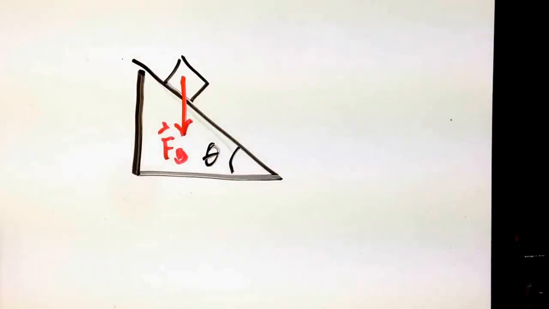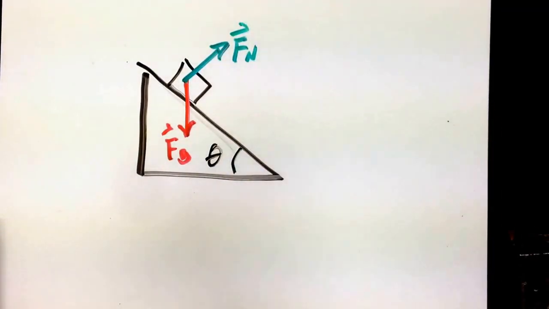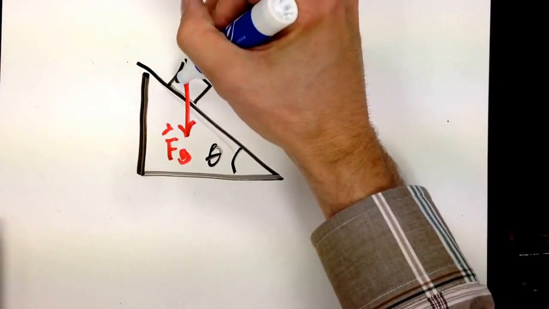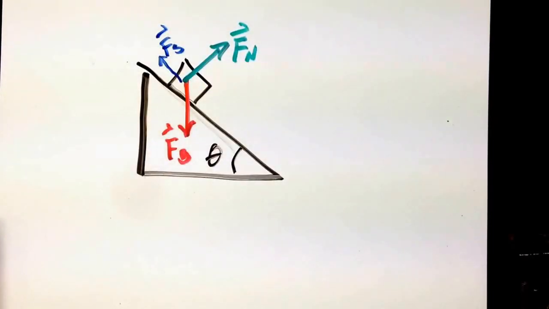But if it's at rest, you've got to think about, okay, I've got normal force coming up, perpendicular to the surface, and if it's at rest, then I've got some force keeping it there, which means I've got static friction pulling it back up the ramp.